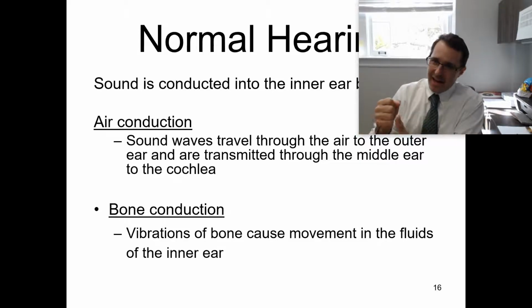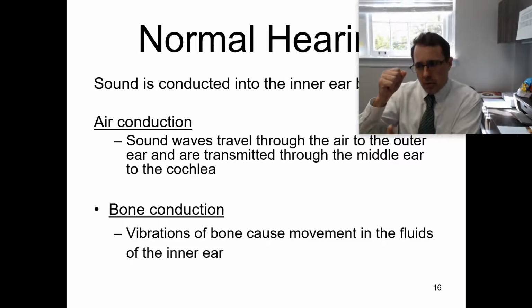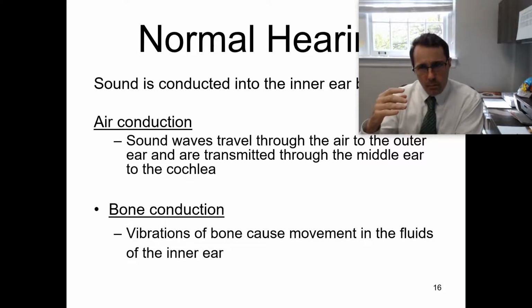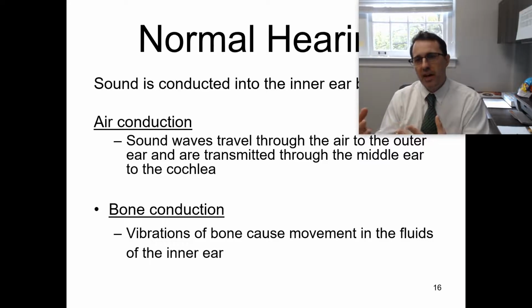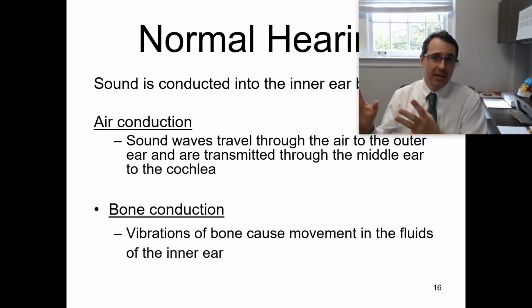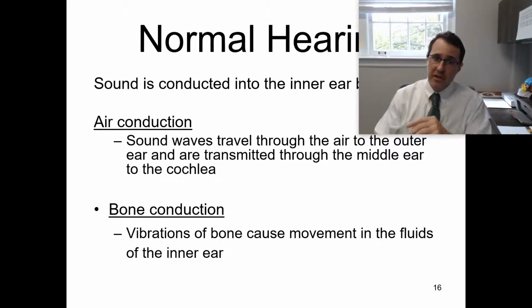And by that action of the stapes creating waves of pressure within the fluid of the cochlea, we are able to move the hair cells, stimulating hearing. That's air conduction.